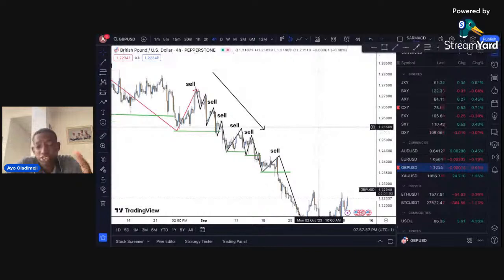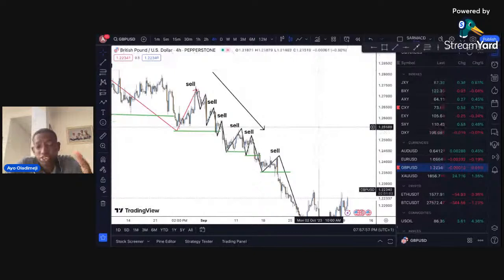But always remember, when it comes to trading a trend, number one, never trade against the trend. Number two, wait for a break of a structure in a trend and execute your transaction at the opposite end of that move.